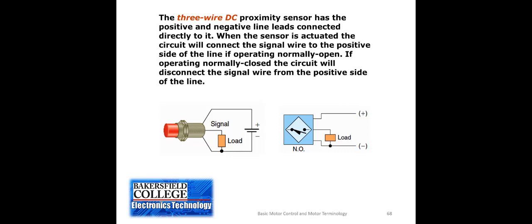There are 3-wire proximity detectors and there are 2-wire proximity detectors. Now on the upcoming test, you're going to have to figure out how to wire a 3-wire detector and a 2-wire detector. If there's a 3-wire detector, then that's pretty easy to operate and wire.